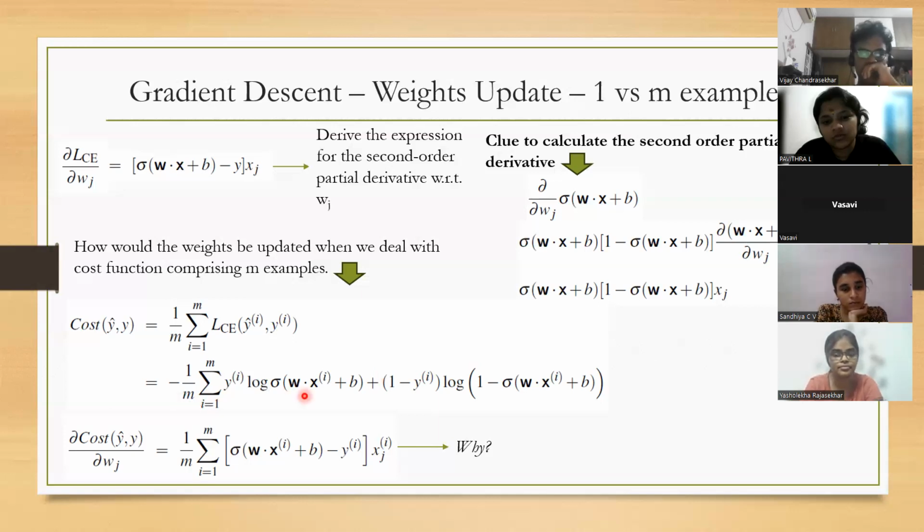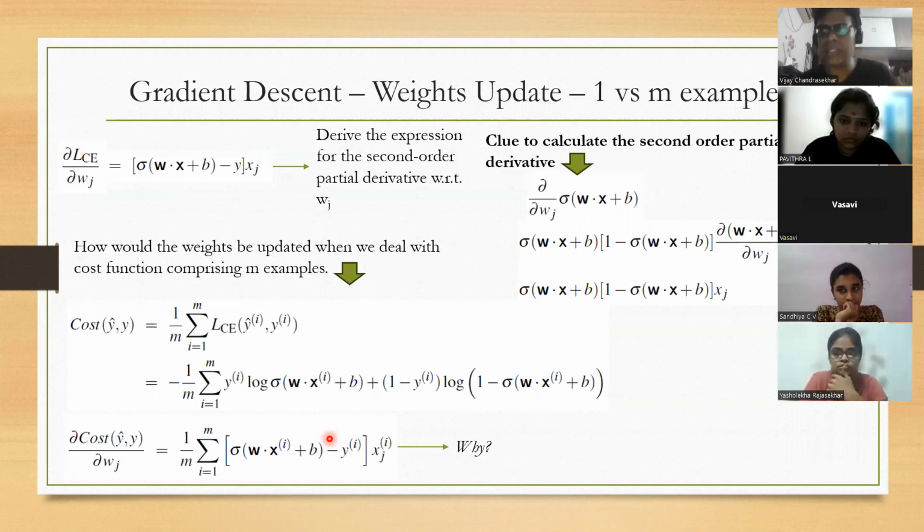All right. Now, once you take the derivative of this, this is the expression that we get. Now, can somebody help me? I don't want you to derive this expression, because that's not the objective here.